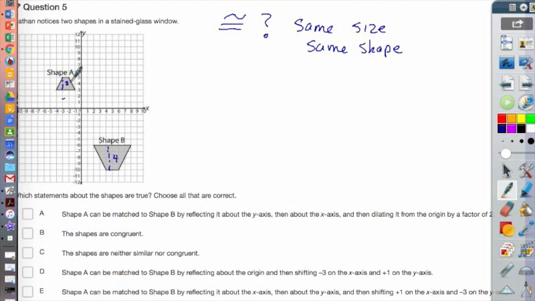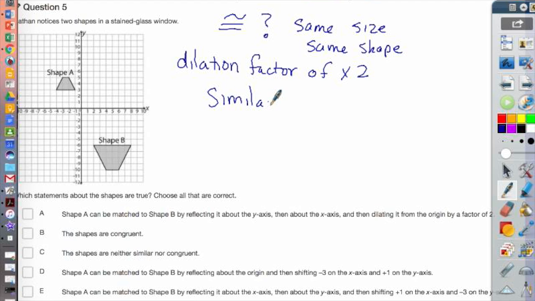So I notice that everything that I do in this, from going from shape A to shape B, is a dilation factor of times 2. That creates a similar figure because it's got the same shape, but it's 2 times larger. So they're not the same size, therefore they're not congruent.